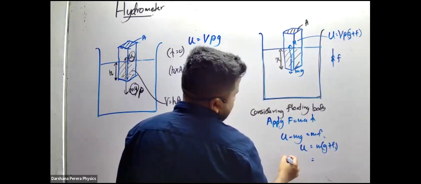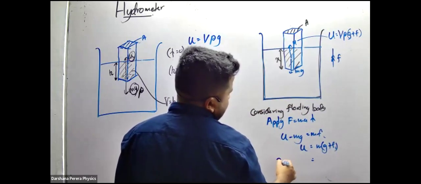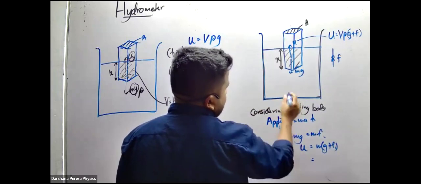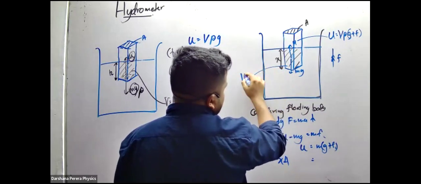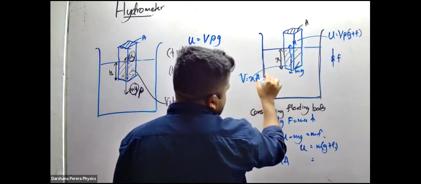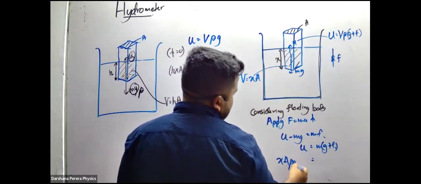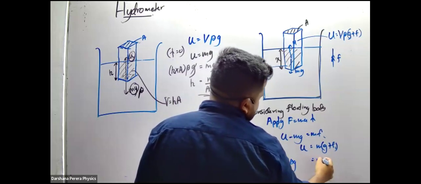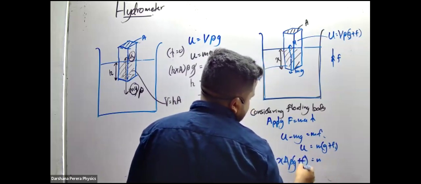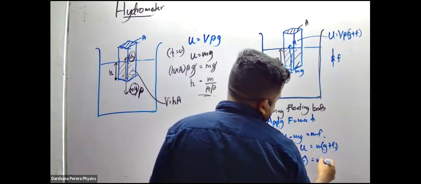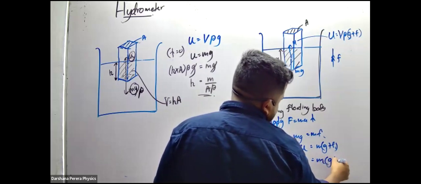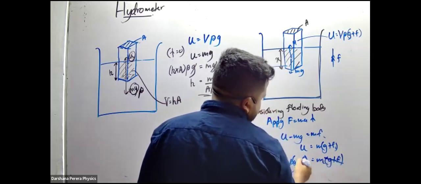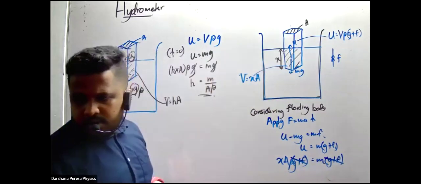Therefore, I can take V as x A. The floating height volume is x A rho (g plus a) equals m (g plus a). So this one and this one cancel out.